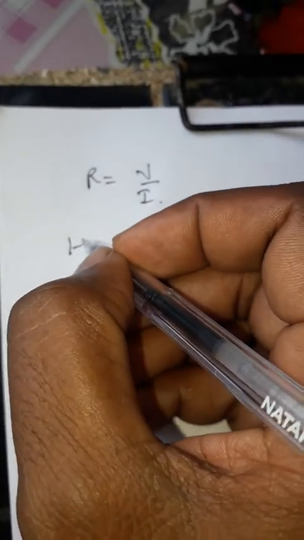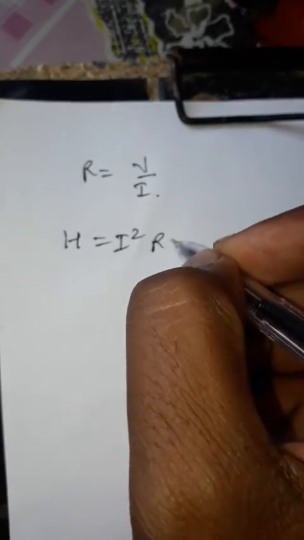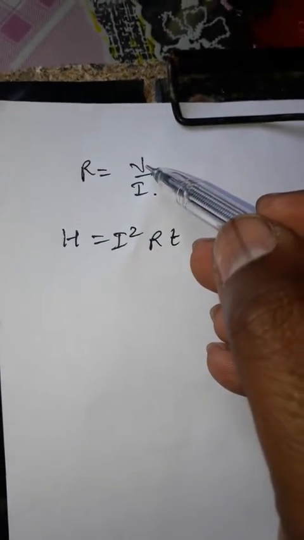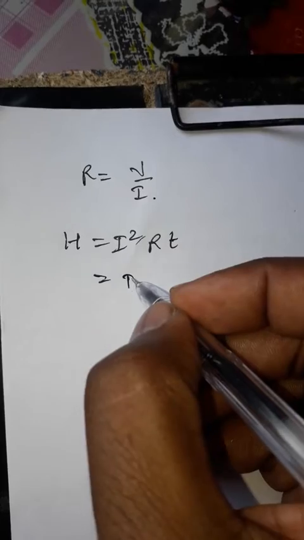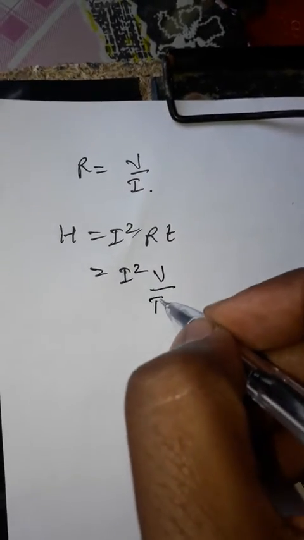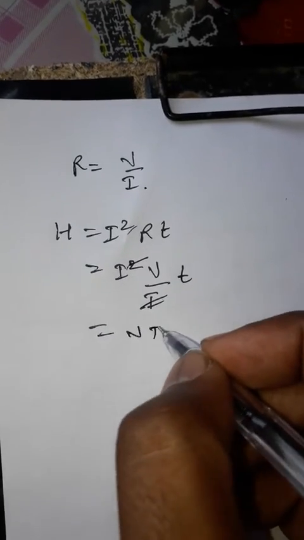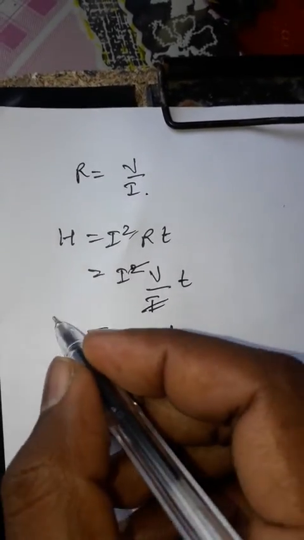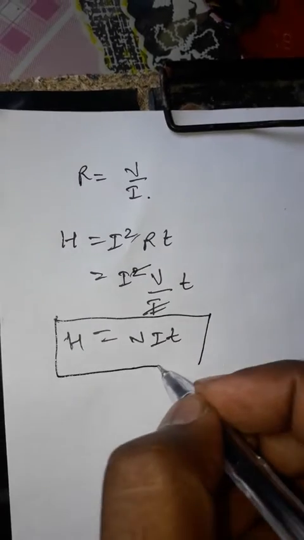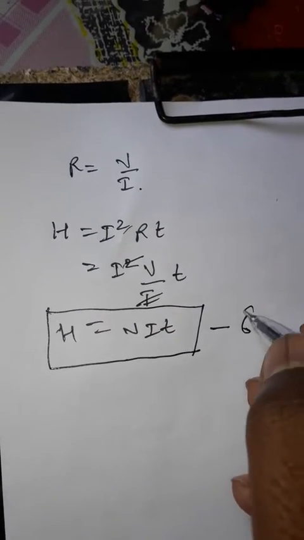And similarly, we know that R is equal to V upon I. Now putting this in the equation H equals I squared R T, where R is V upon I, we get I squared times V upon I into T. Then one I is cancelled out, so we get only V I T. So it is another relation, say equation number 6.